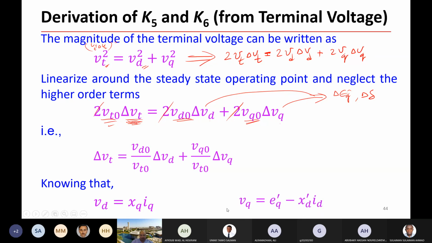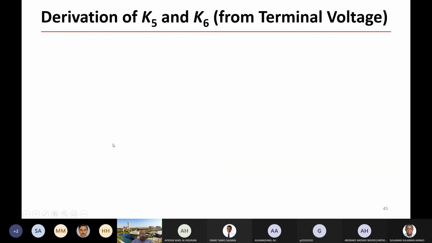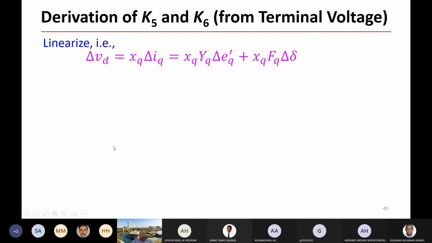You have a VD and VQ, and delta VD is already calculated here, XQ delta IQ, and the IQ is already there, and delta VQ equal to this, and you express delta ID in terms of delta EQ prime and delta delta.